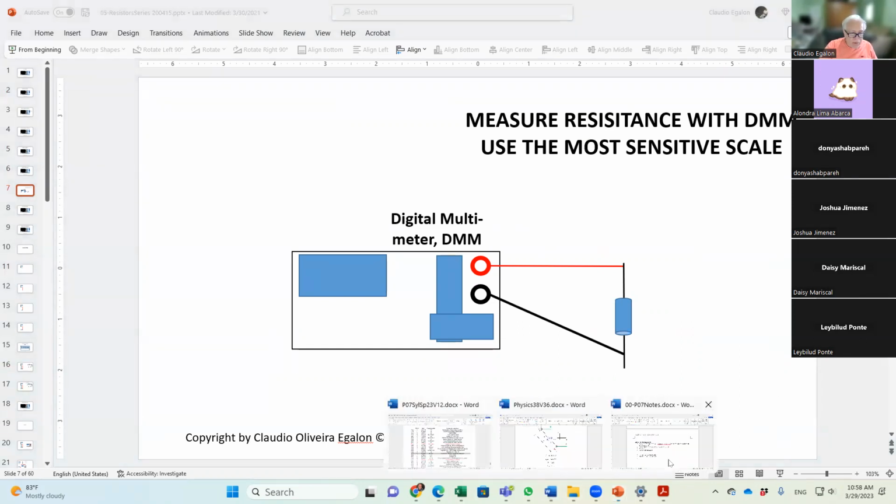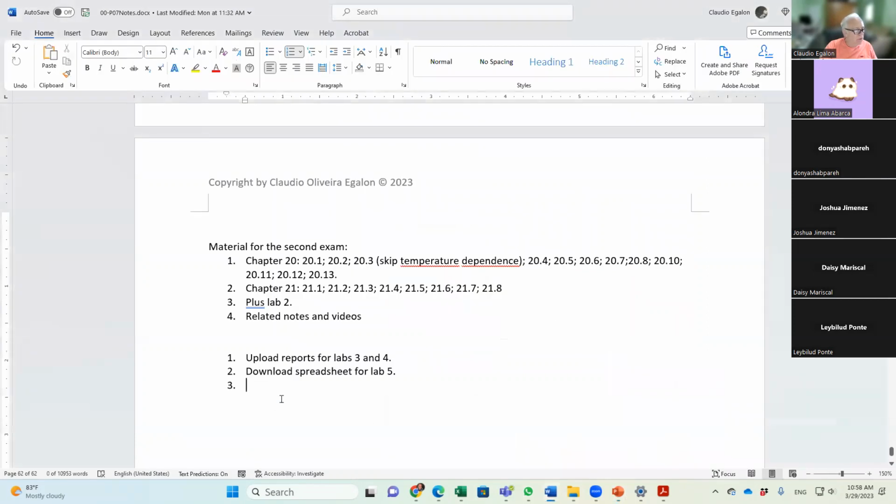Okay, let's take notes. Lab 5 procedure, and also lab 5 materials.